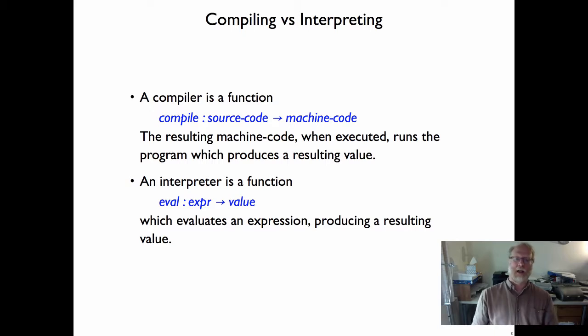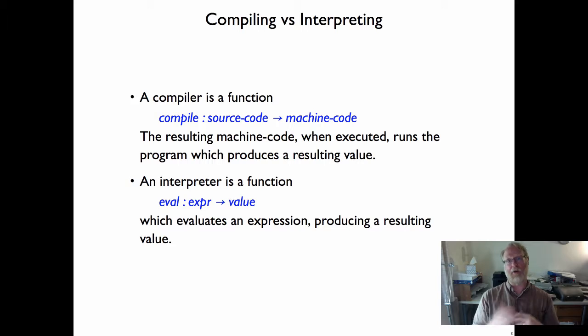And compiling is actually a little bit more general than I just stated. Compiling really just says take a program in one language and produce a program in another language. Often that other language is machine code for a particular platform. But I can have a cross-language compiler. I can say, hey, I'm going to take in JavaScript code and compile it to produce equivalent C code. Yeah, you could do that.